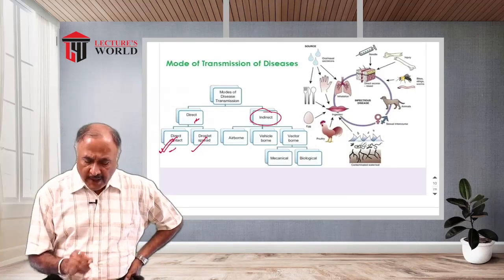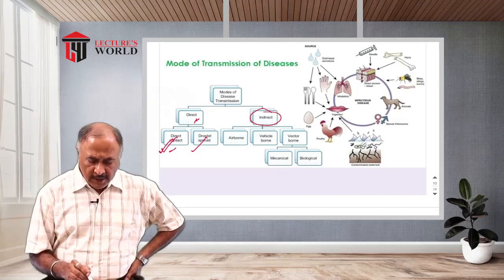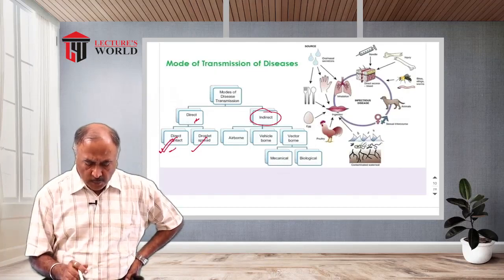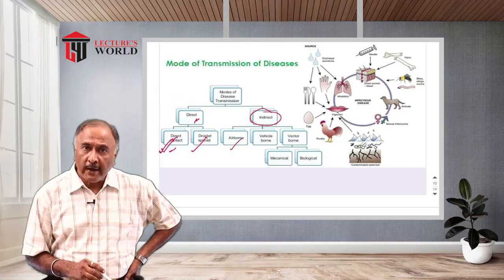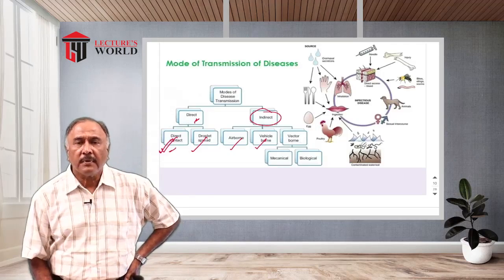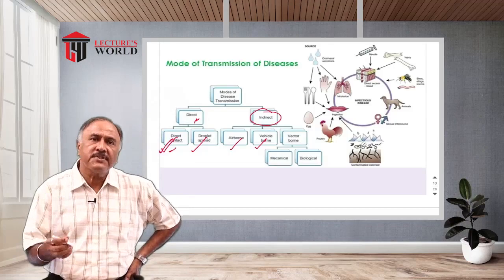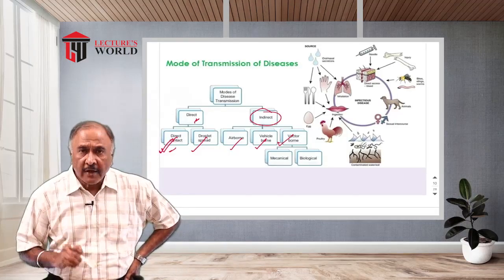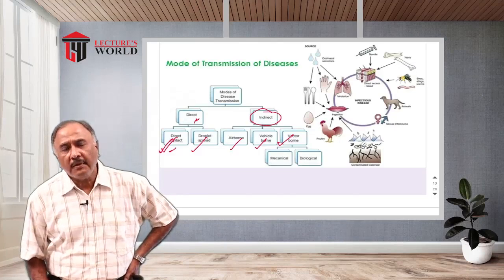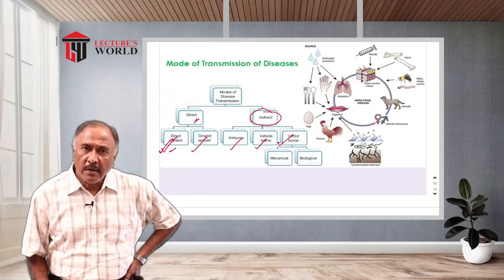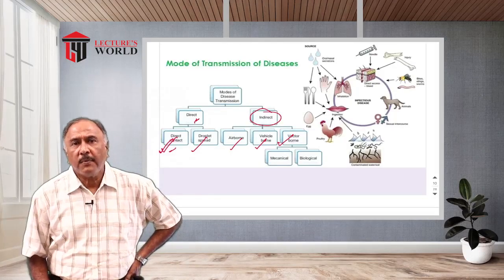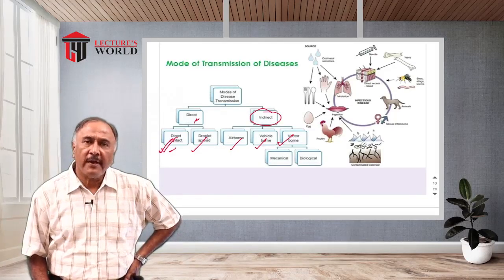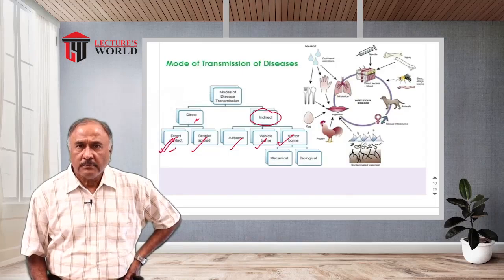While in case of an indirect transmission, it can be either airborne, that is through air, vehicle borne, where the vehicle means some agent which transmits it from the diseased to healthy individuals, or it can be vector borne. Vector means certain living organisms like mosquito. For example, dengue or chikungunya.